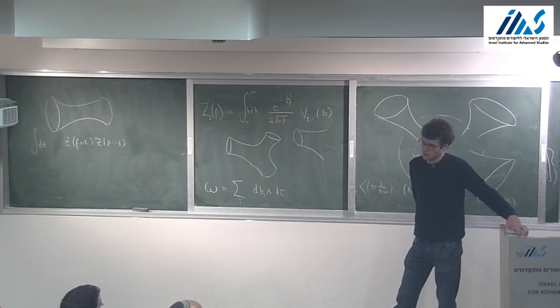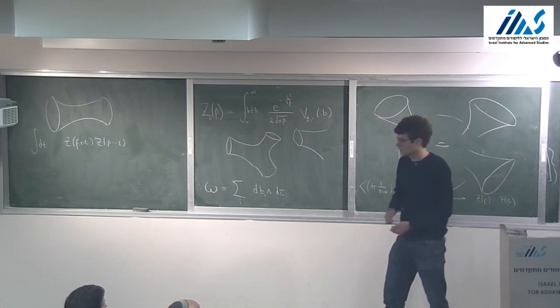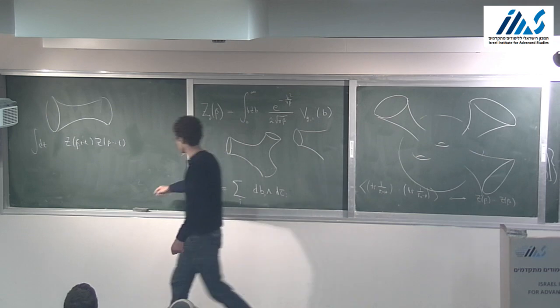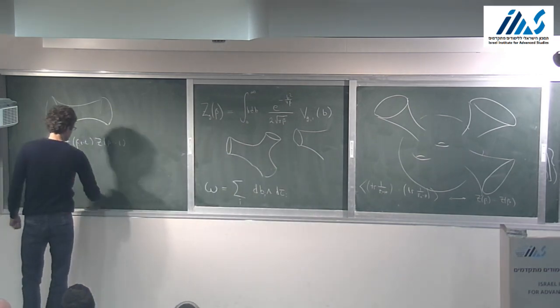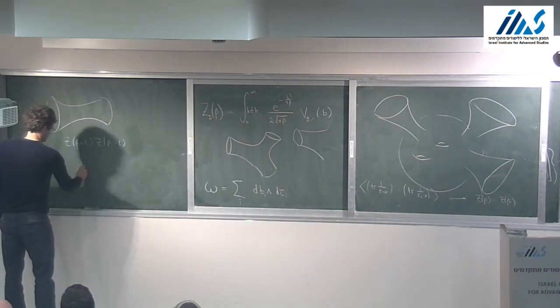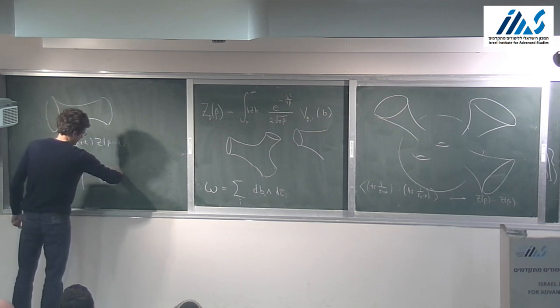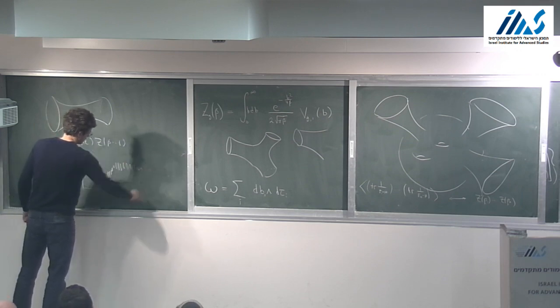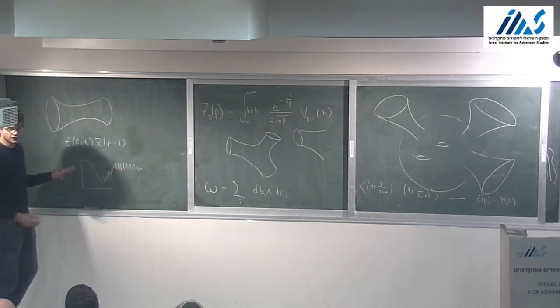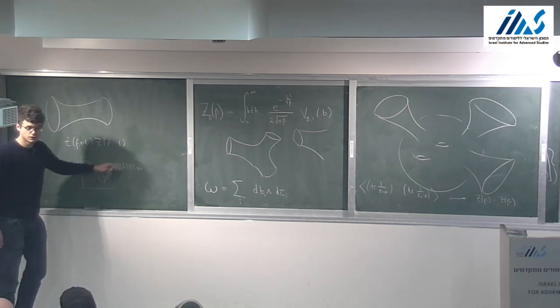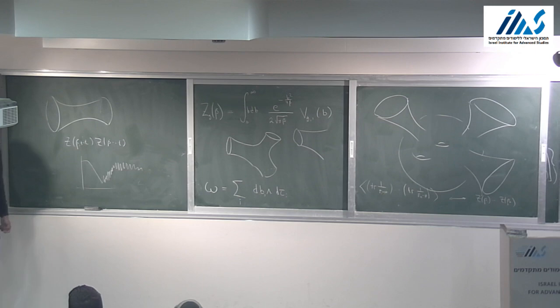But if we were able to calculate it, we would presumably find, for the spectral form factor, something that looked like this, with this kind of erratic behavior. We wouldn't find something like what we find in JT gravity, where we have a smooth curve here. And so JT gravity would not be a reasonable description of that theory.